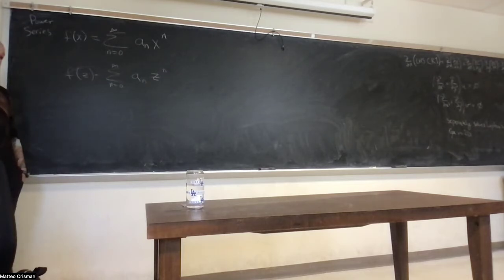Z is a complex variable here. Is a real? I want to say yes. Is the imaginary z? Okay, that could be true. A gets multiplied by z at each term of the sum. So there's a real and an imaginary component.